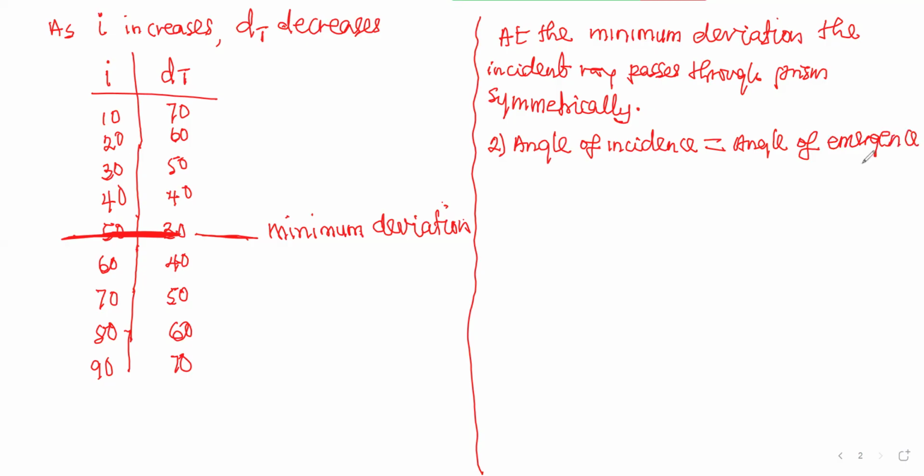So for refraction of light in a triangular prism, it is the only point where I is equal to E. And finally, the first angle of refraction, R1, is equal to the second angle of refraction, R2. So these are what actually occur at the minimum deviation.